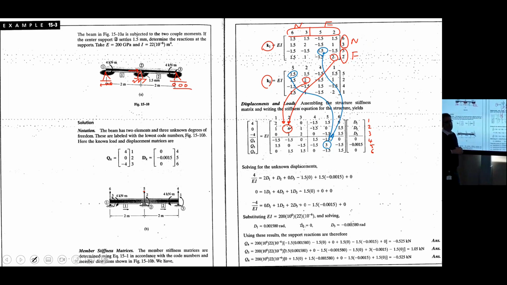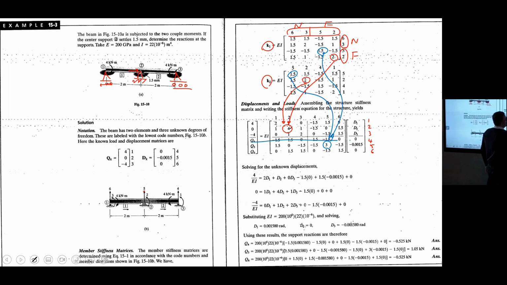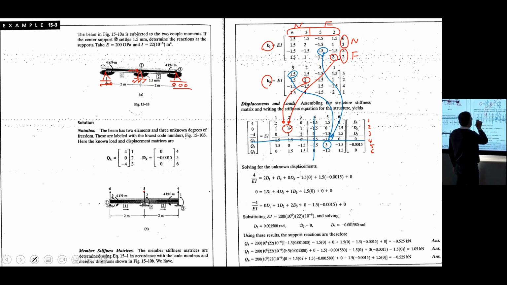Further, we need to eliminate the rows and columns corresponding to support conditions. We have support conditions for 4, 5, 6. So row 4, column 4; row 5, column 5; row 6, column 6.